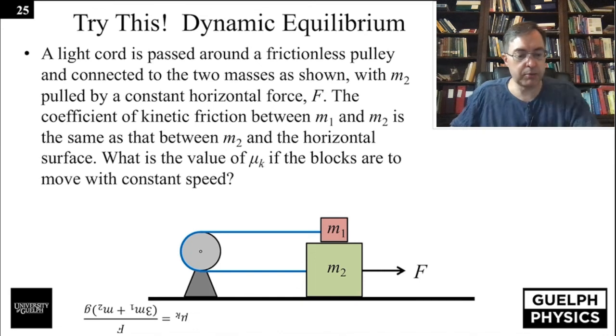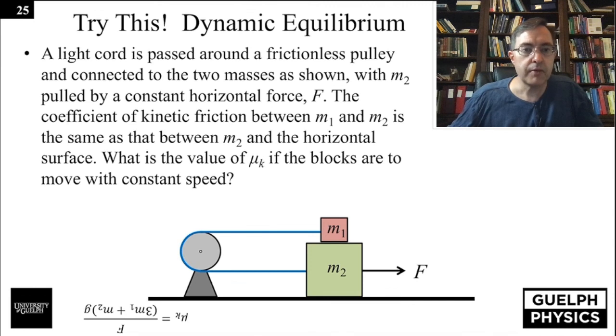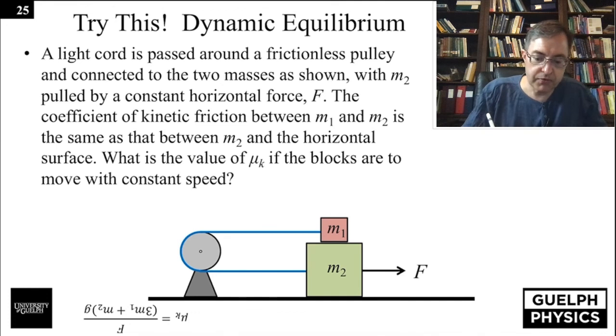This dynamic equilibrium problem: a light cord is passed around a frictionless pulley and connected to two masses as shown, with M2 pulled by a constant horizontal force F. The coefficient of kinetic friction between M1 and M2 is the same as that between M2 and the horizontal surface. What is the value of the coefficient of kinetic friction if the blocks are to move with constant speed?